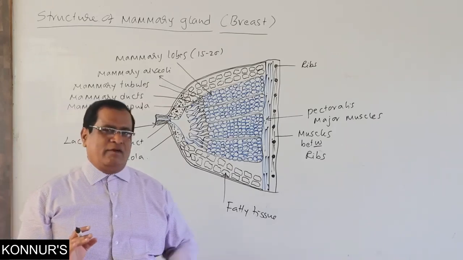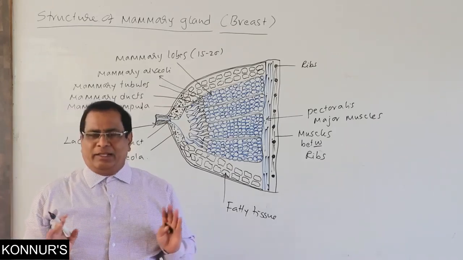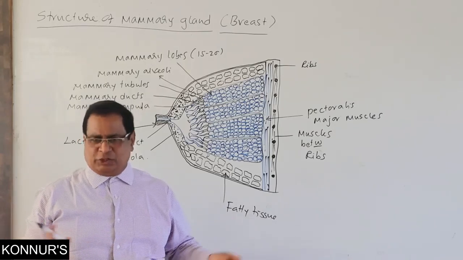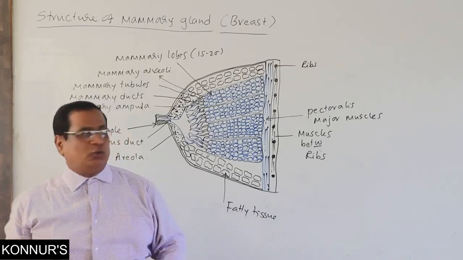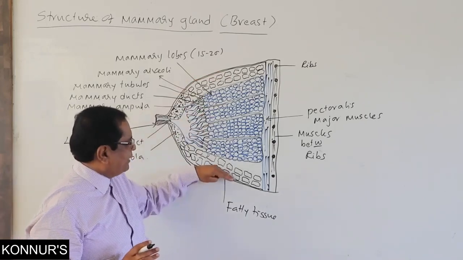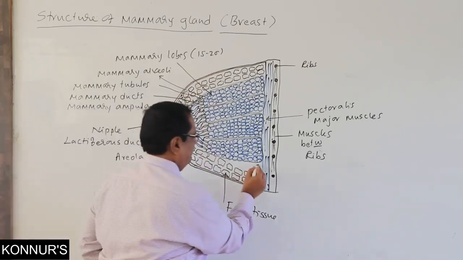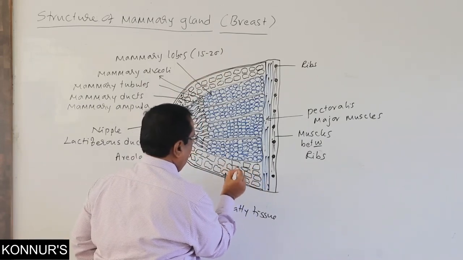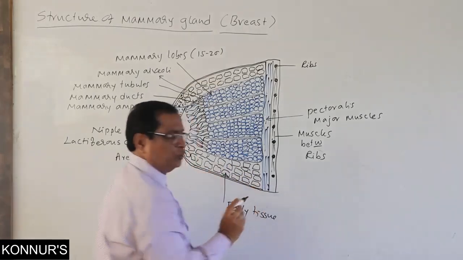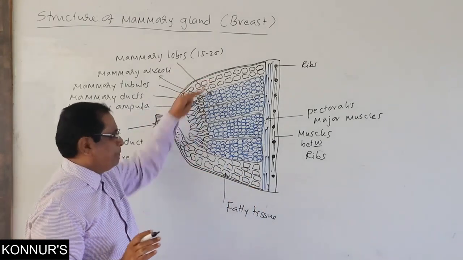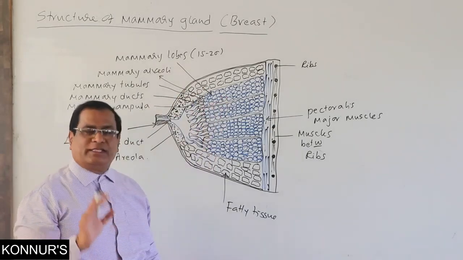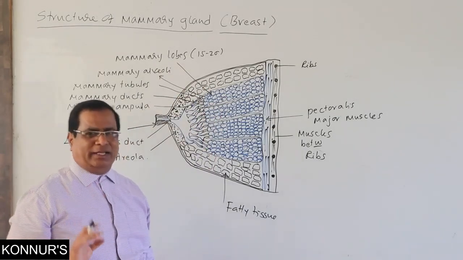And the mammary gland consists of two types of tissues. One is fatty tissue, another is glandular tissue, milk producing tissue. A fatty tissue is present at the periphery, and a glandular tissue is present internally.